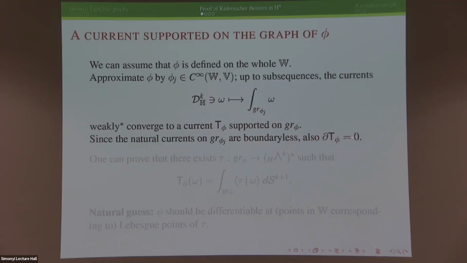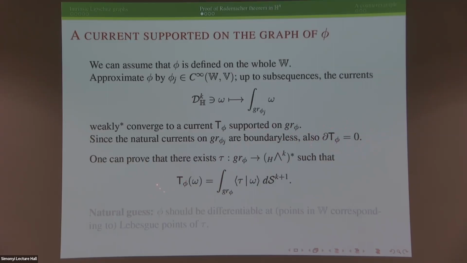The boundary of T_phi is 0. Now, strange as it can be, this is the analytic information carrying the relevant geometric information. So this will be precious for us. That I define on the graph of phi some current without boundary, which is supported on the graph.